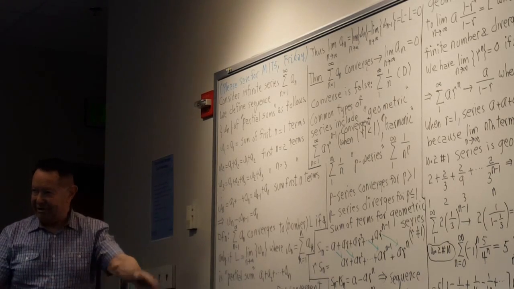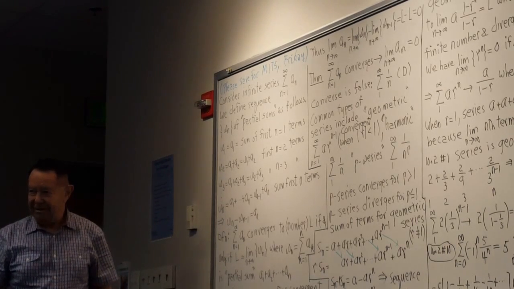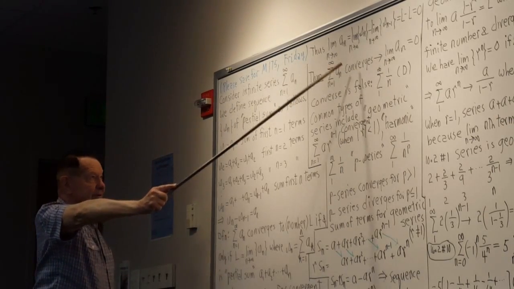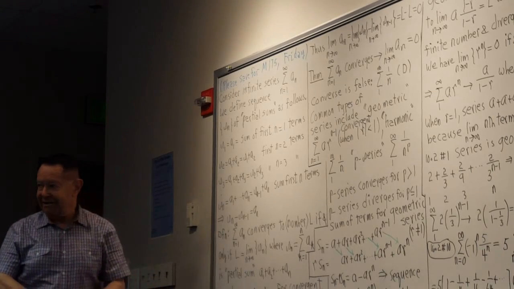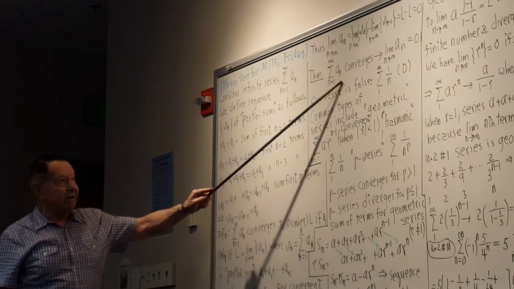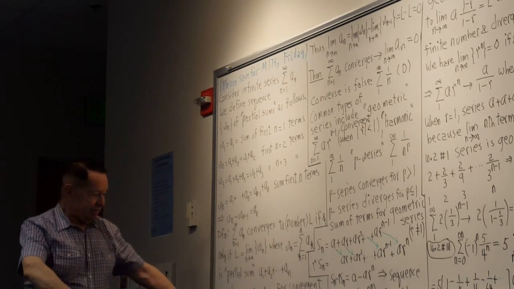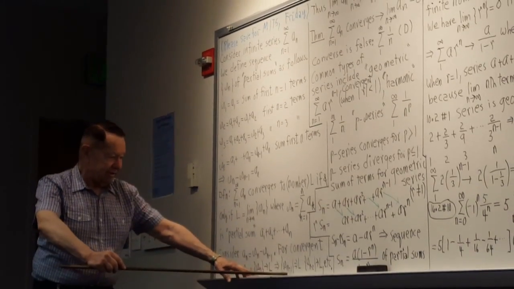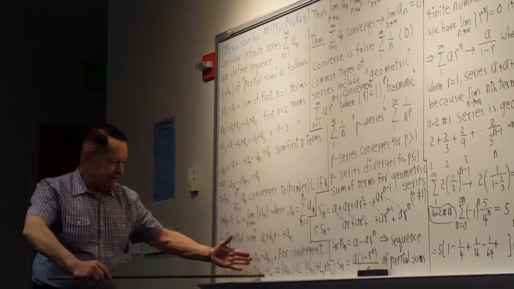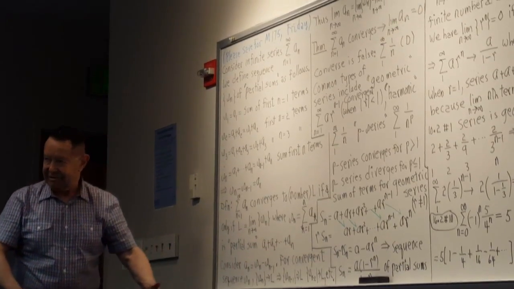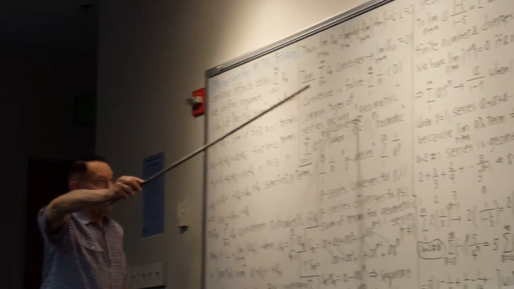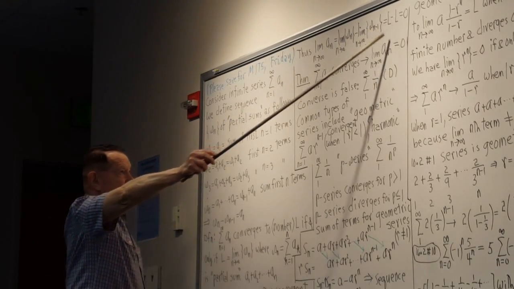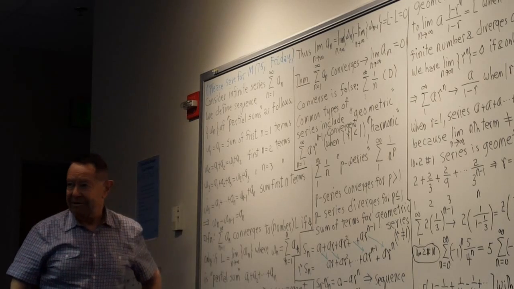There will be for the problems in the book, anyway. But if your nth term limit is not 0, the thing diverges. Period, end of story. Because the two sequences of partial sums, n terms and all but the last term, both have the same limit if it's convergent, and therefore that means that a sub n is L minus L and has to be 0 in the limit.